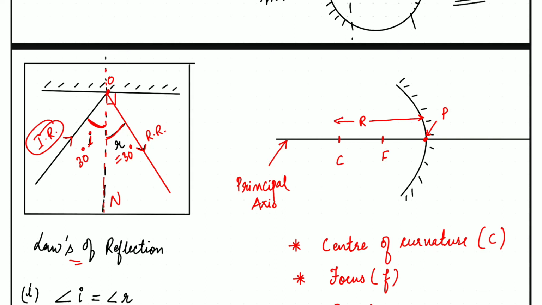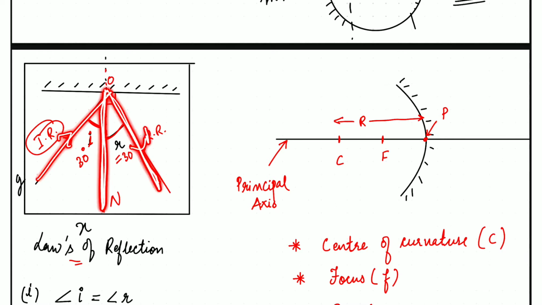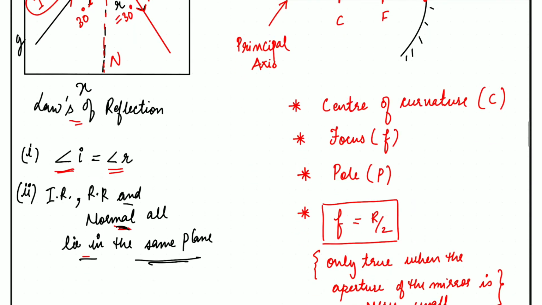For example, if this is your x-y plane, you can see your incident ray, the normal to the surface, and your reflected ray all lying in the x-y plane. So basically that is the law, right? So the incident angle is equal to the reflected angle, and the incident ray, reflected ray, and normal all lie in the same plane, right?